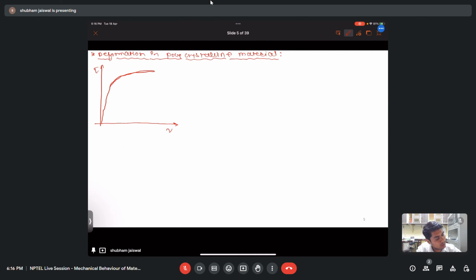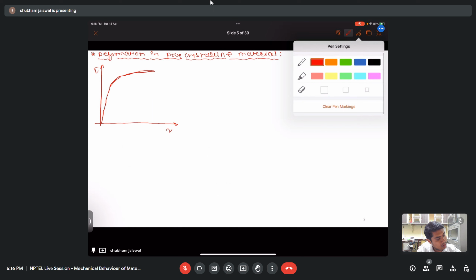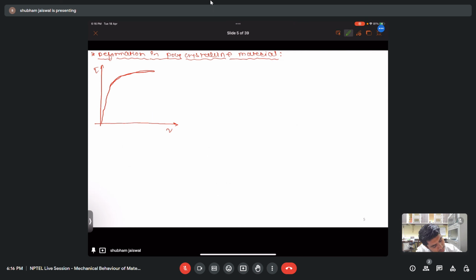So here we get only the second and third stage. That is, the first stage is missing.